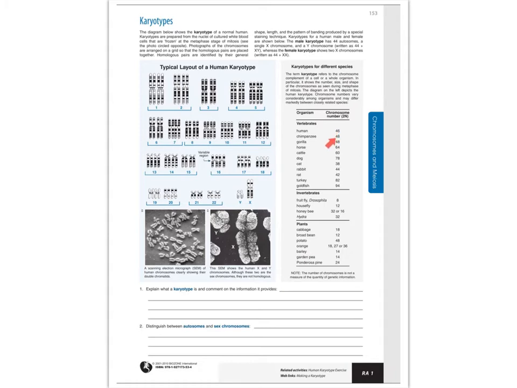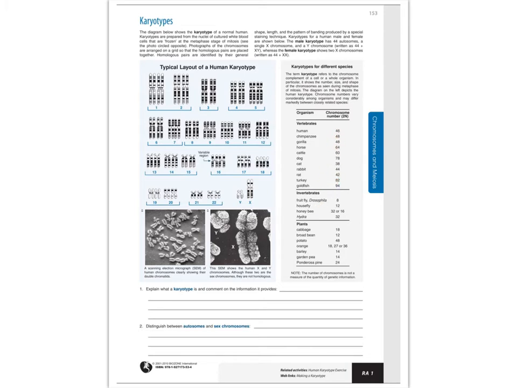So this is 23 pairs, this is 24 pairs. Etc., all the way down to the goldfish having 94. So you can see the number of chromosomes doesn't necessarily mean an increased complexity, since a goldfish, I would argue, is simpler than a human, in both body size and complexity. Goldfish has 94 chromosomes, where human has 46.